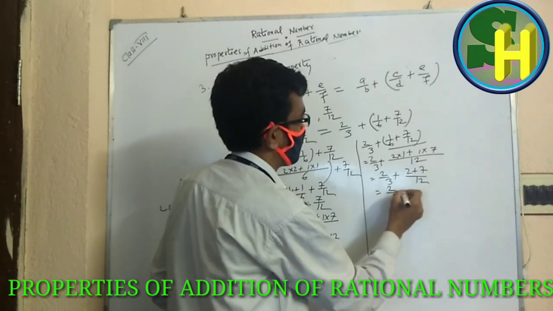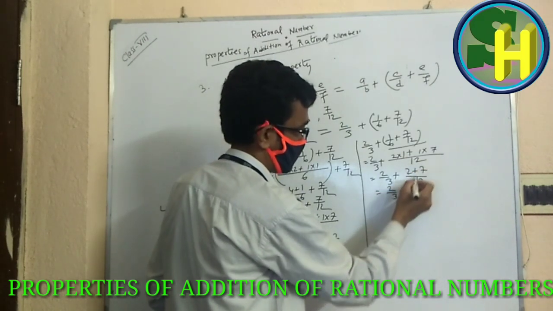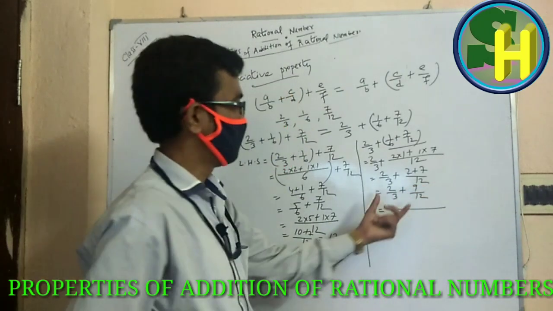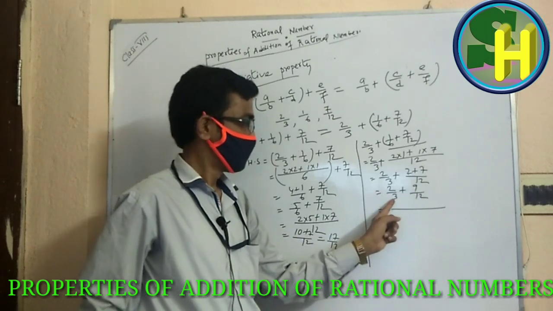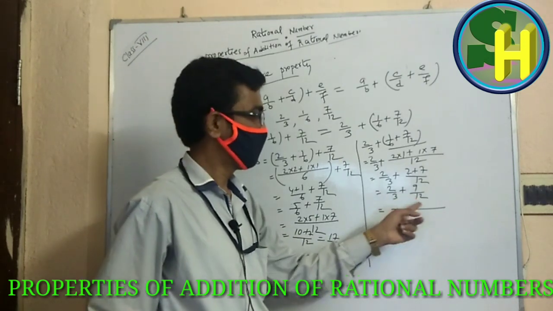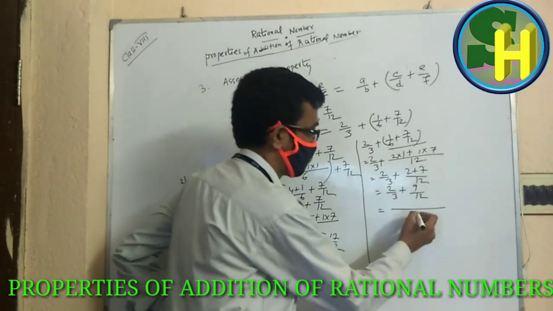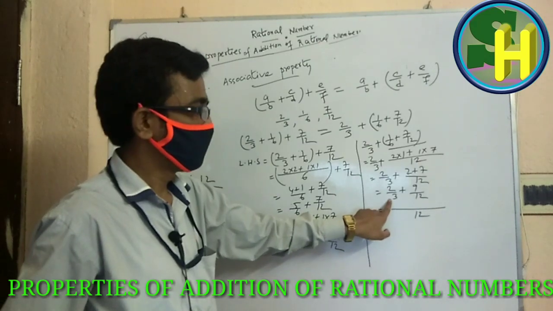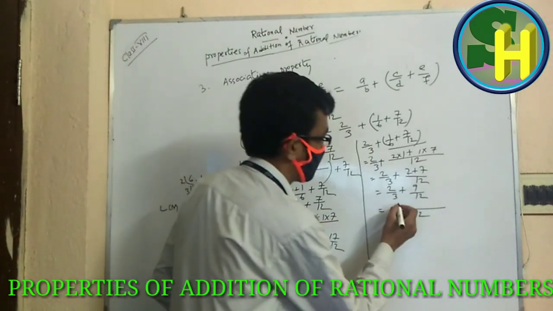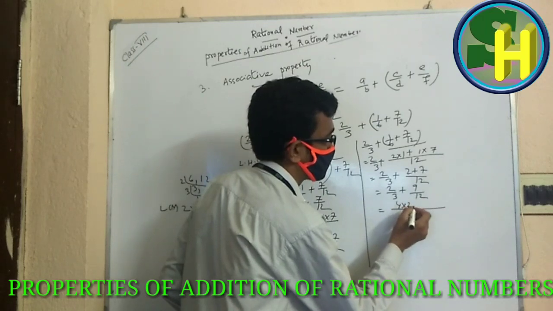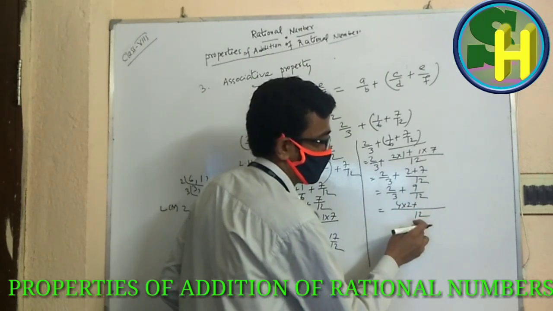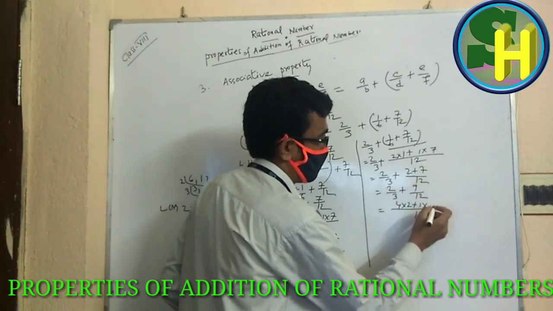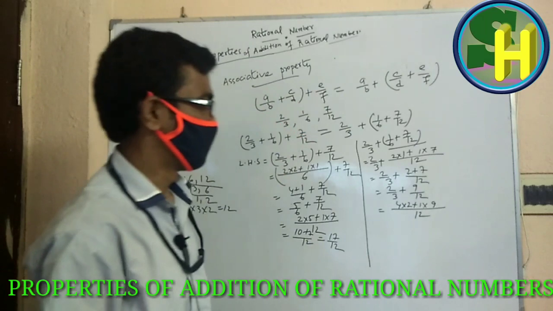So 2 by 3 plus 9 by 12. Next, addition of these two numbers. 3 and 12, LCM is 12. 12 divided by 3, that is 4, and 4 multiplied by numerator 2, plus 12 divided by 12, that is 1, and multiply by numerator.